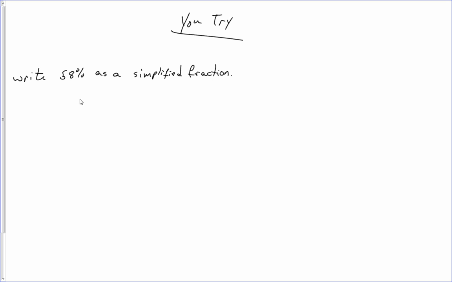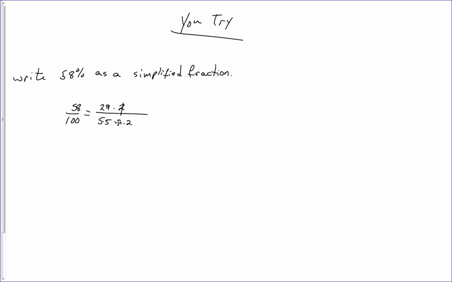So what we're going to do is write this as 58 over 100. And if you remember from last example, the 100 is simply 5 times 5 times 2 times 2. Now 58 will divide down to 29 times 2. And 29 is actually a prime number. So this is going to break down to 29 times 2.